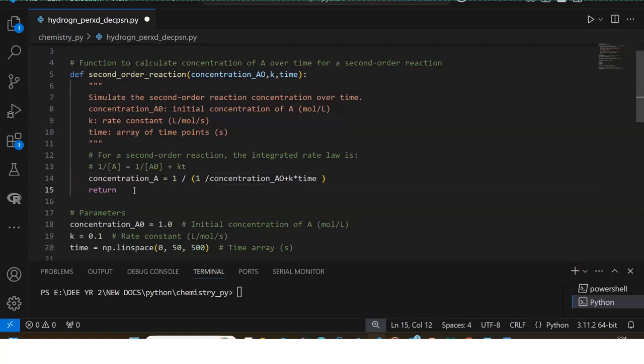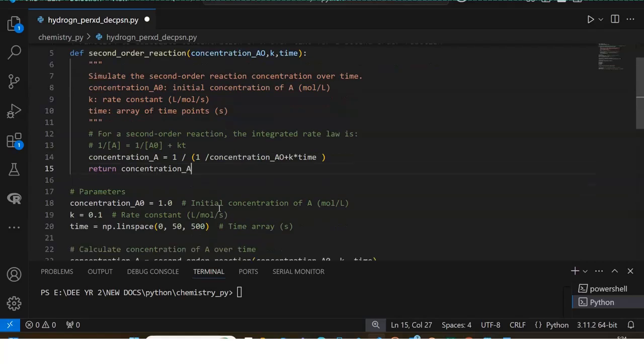So what will this function return? This function is going to be returning the concentration of A.